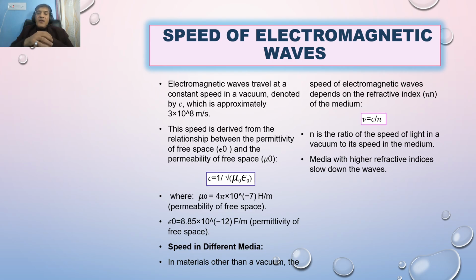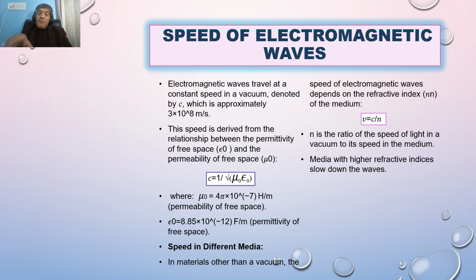Here n is the refractive index of that particular medium, V is the speed of light in the material medium, and you all know C is the speed of light in free space. So the greater the refractive index of the medium in which we propagate the electromagnetic wave, the more the speed of electromagnetic wave decreases. The greater the value of refractive index, the greater the decrease in the speed of electromagnetic wave.